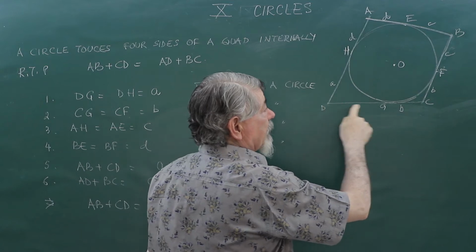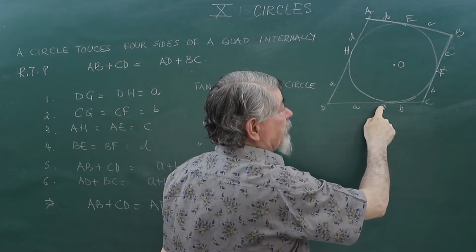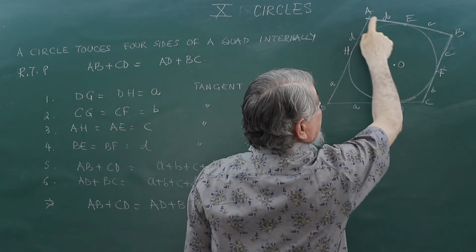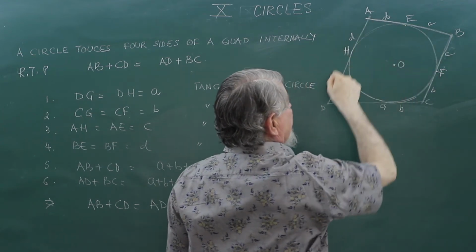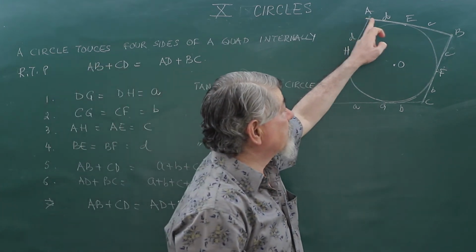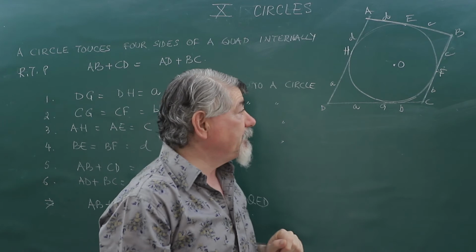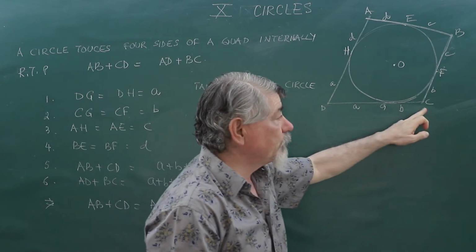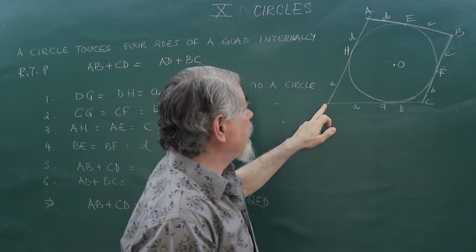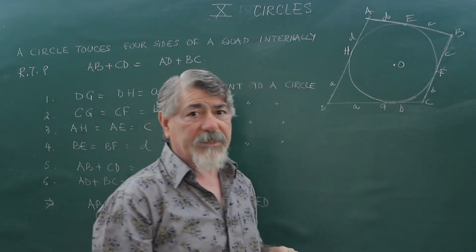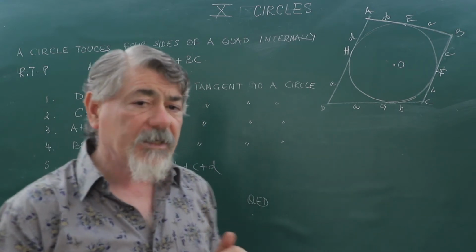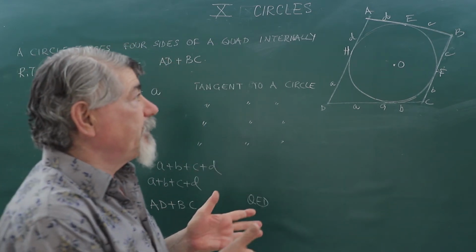For example, the side BC is touching at point G, the side CD is touching at point F, AB is touching at E, and AD is touching at H. That means AB is a tangent to the circle, CD is also a tangent, BC is also a tangent, and DA is also a tangent. A straight line touching a circle at one point only is called a tangent. This is the basic explanation.